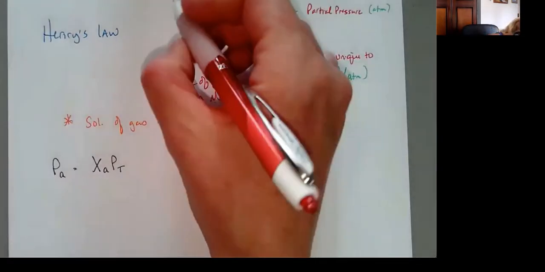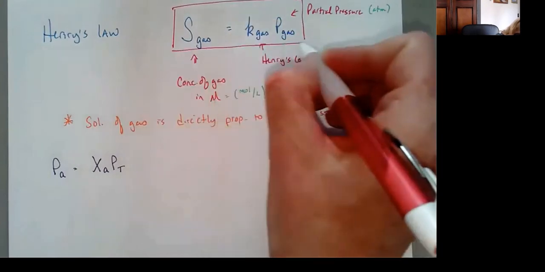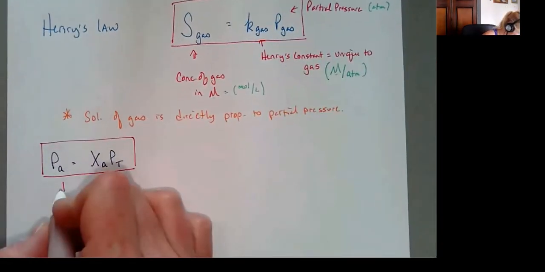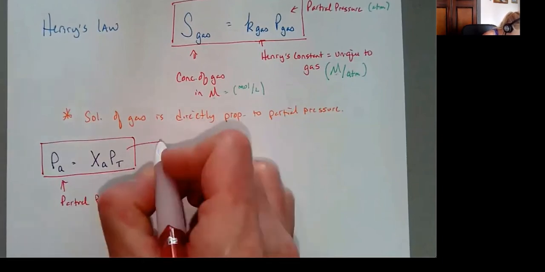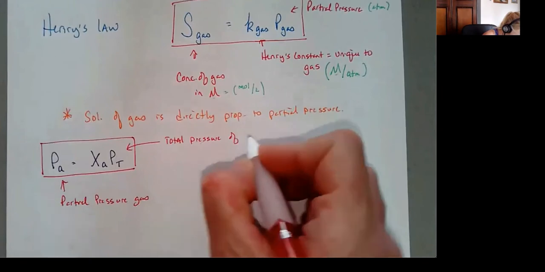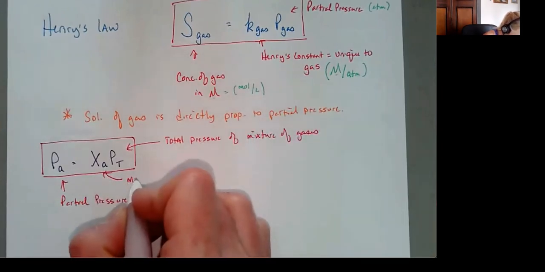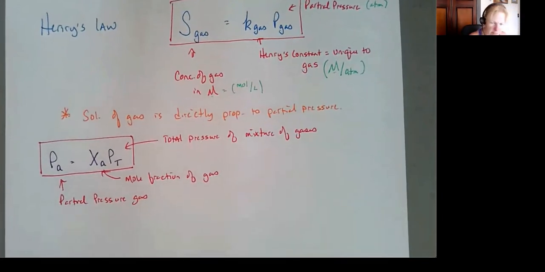These are two equations that are going to be important when you're dealing with gas that you remember for this chapter. Here, this is my partial pressure of my gas. This is my total pressure of my mixture of gases. And this is the mole fraction of my gas, in this case, gas A.